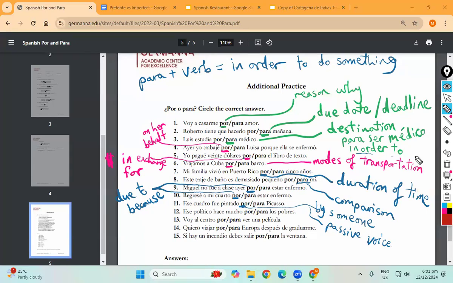Okay. Ese político hace mucho por o para los pobres. This politician has done a lot. This is similar to number 4, the reason. On behalf of the disadvantaged, the poor.